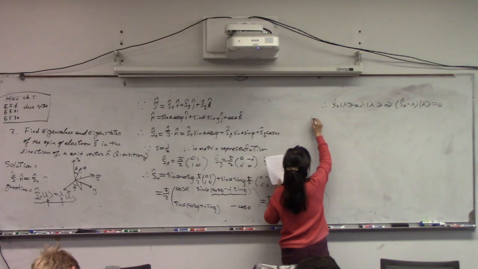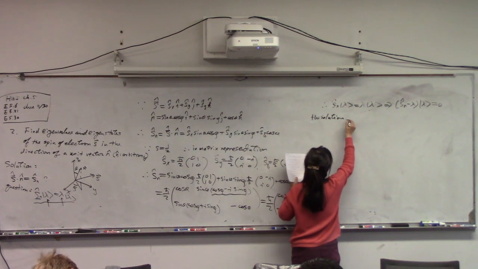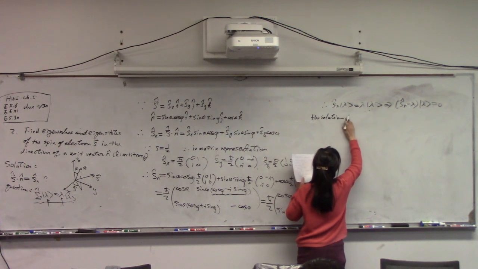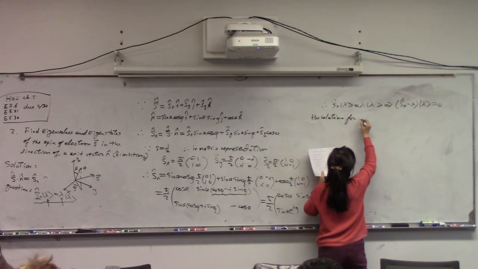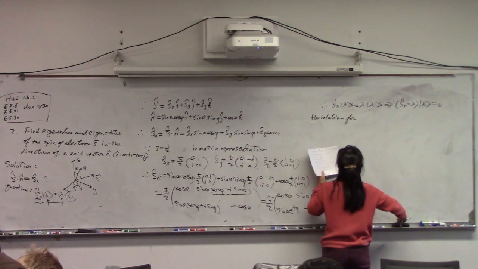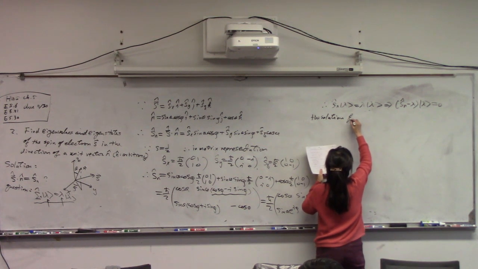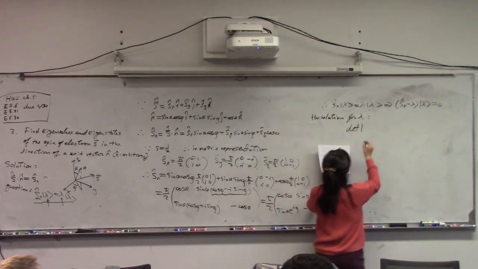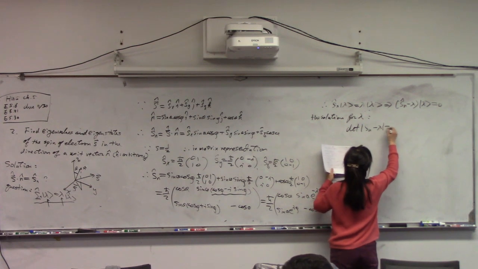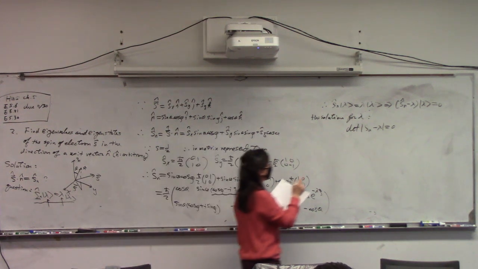So if you remember, the solution for this is just a solution. For lambda, we are going to use the characteristic equation. We are going to solve this to find the allowed lambda.